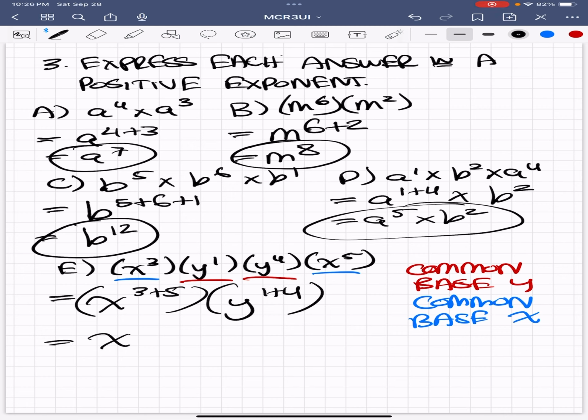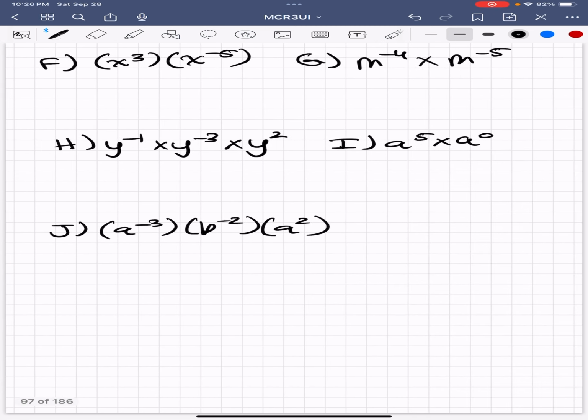So x would be to the power of 8, and then y would be to the power of 5. Yep, moving on.